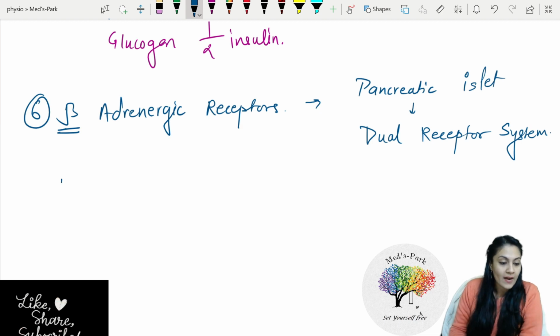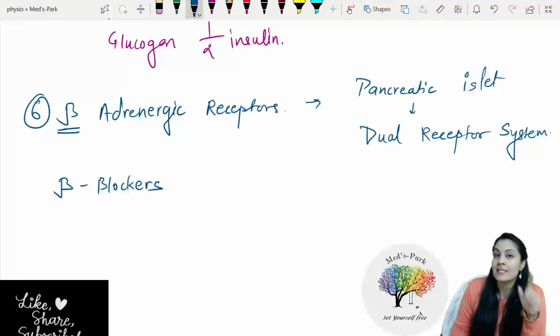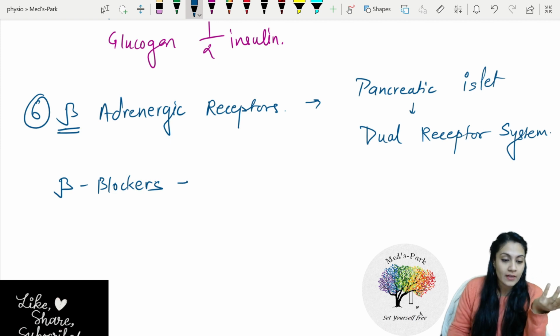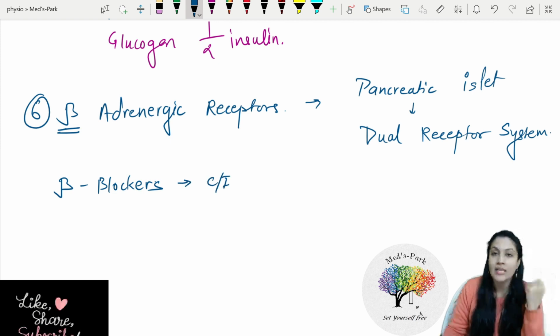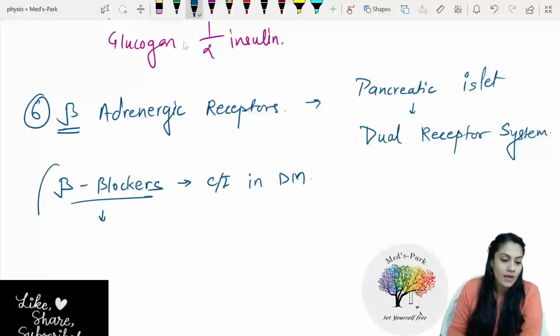So if someone is taking beta blockers, their blood glucose level will increase, because there is less stimulation or less secretion of insulin. So beta blockers are contraindicated in type 2 diabetes patients, because they decrease insulin.